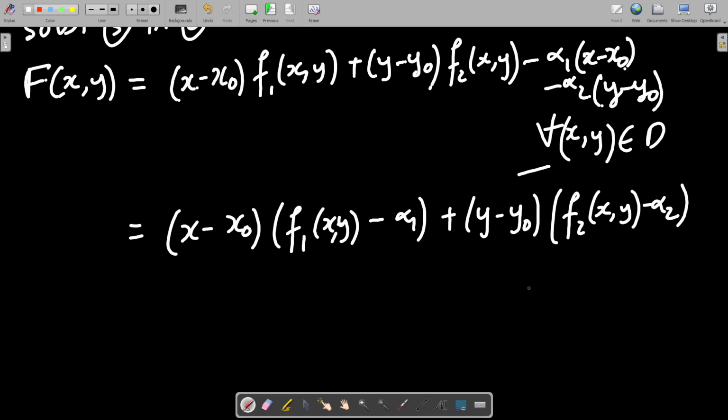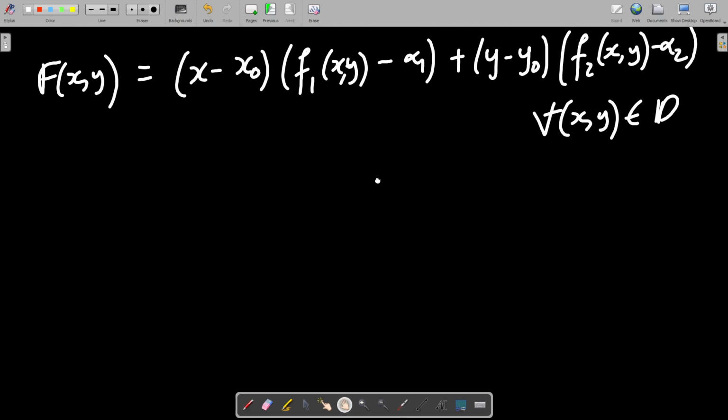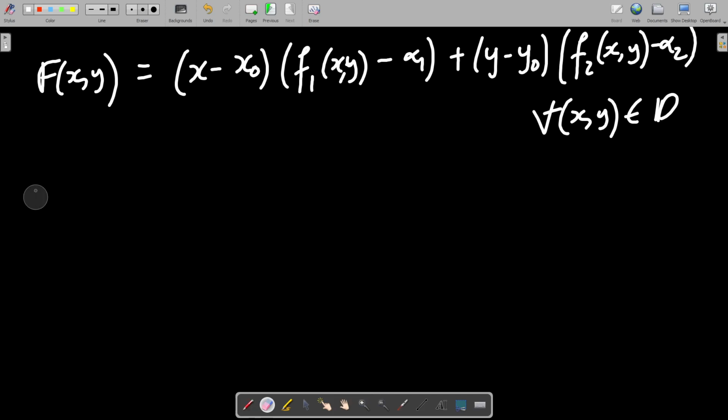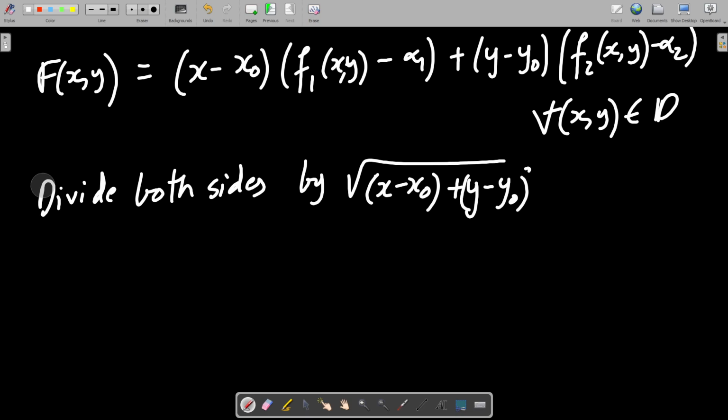This is true for all xy belonging to D. So divide both sides by root over x minus x naught plus y minus y naught, the whole square over here.